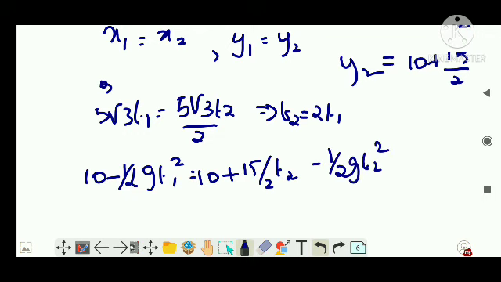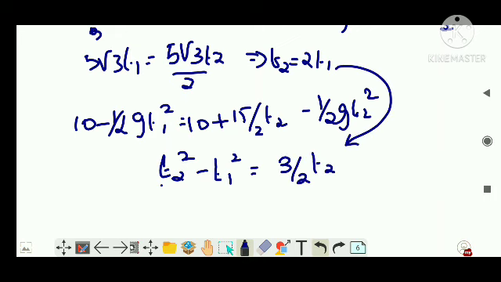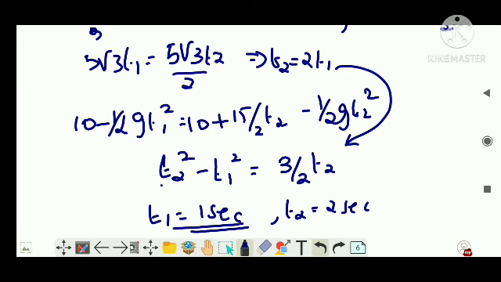Now you have to simplify it. You will get t2 squared minus t1 squared is equal to 3 by 2 t2. Now substitute this value over here and solve this equation. Then you will get t1 as 1 second and t2 as 2 seconds. That is, the first shot has traveled 1 second and the second shot has traveled for 2 seconds.